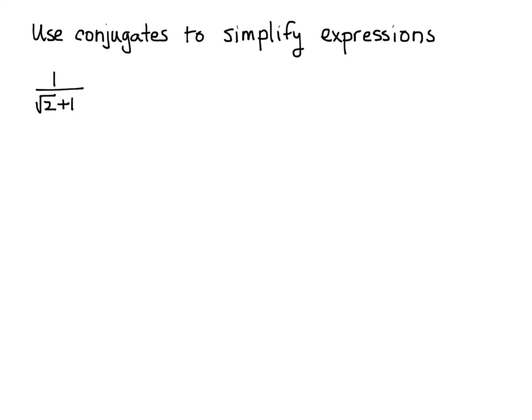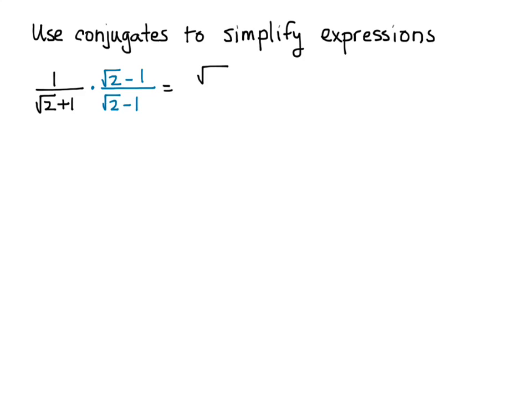But if we have something like this, where we have the square root of 2 plus 1, we can't just multiply by the square root of 2 over the square root of 2, because that denominator would turn out to be 2 plus the square root of 2. We wouldn't make any progress doing that. But since we always get a rational number, or an expression that doesn't involve square roots, by multiplying by the conjugate, what we're going to do to simplify these is just multiply the ratio by its conjugate like this.